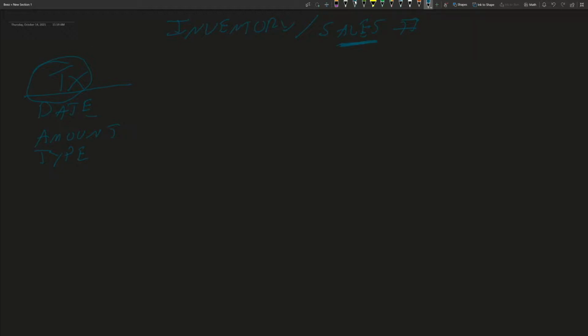I'm going to add them up, for example, or do an average, but it's basic math. Generally these are really good use cases for a relational or a columnar database.